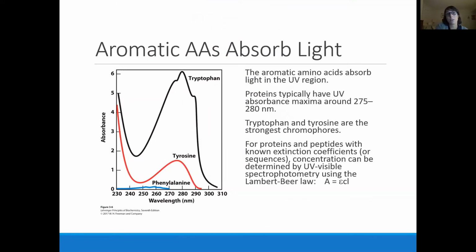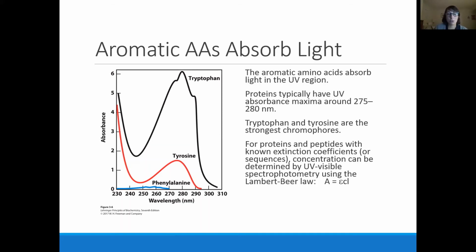Another type of experiment that can be done that helps calculate analytically information about a protein is using absorbance. We noted in the first lecture that the aromatic amino acids all absorb light in the UV region. Now, most proteins typically have some amount of one of these amino acids.